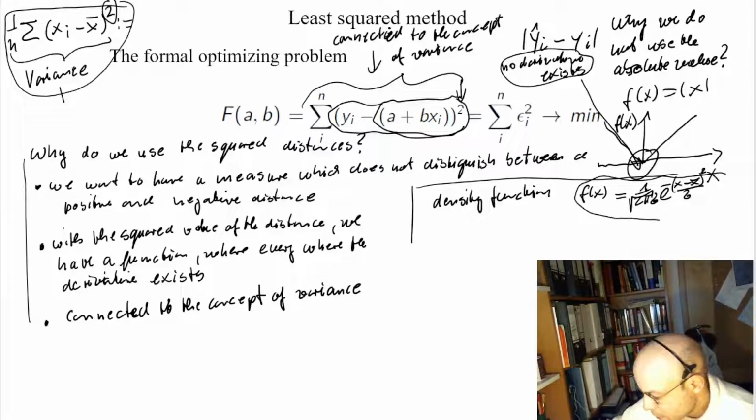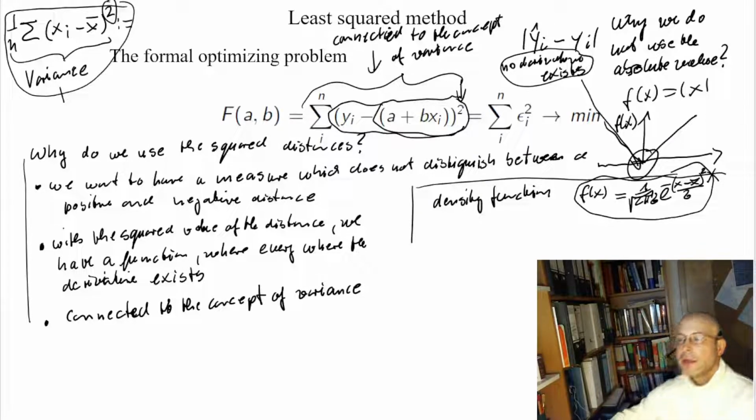This density function you hopefully have already seen in other courses. Which distribution represents this density function? And here, of course, we see that we have our variance.